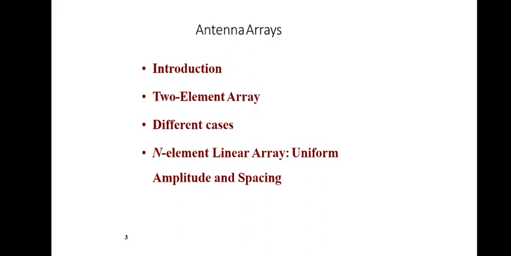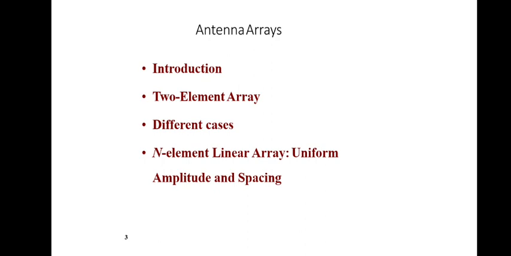So here, what is an array? An array of n elements is said to be a linear array if all the individual elements are spaced equally along a line, and that array gives the maximum directive beam in a particular direction, with a uniformly progressive phase shift along the line.